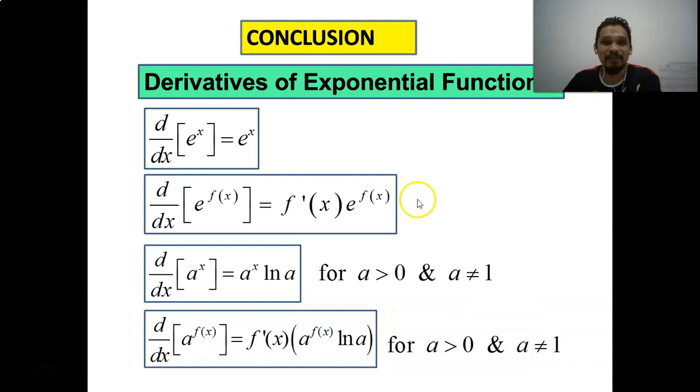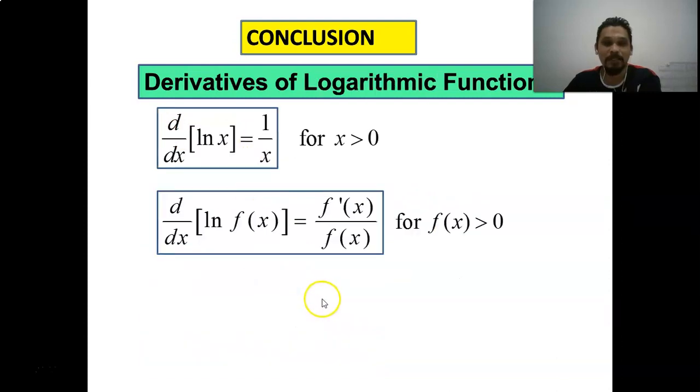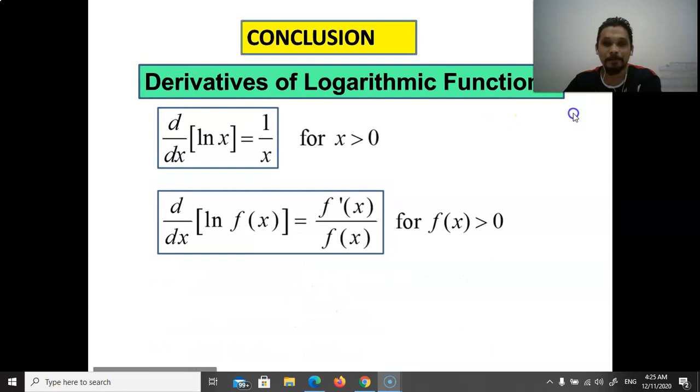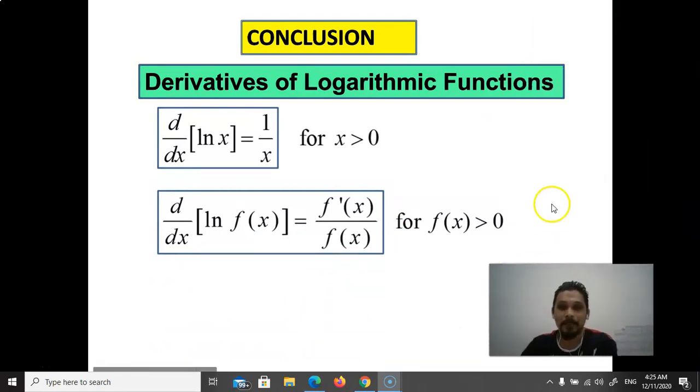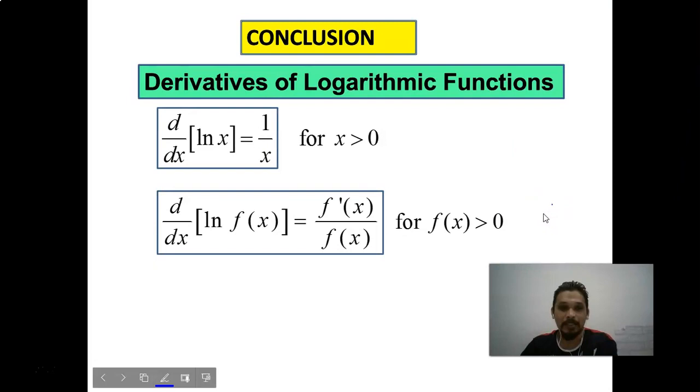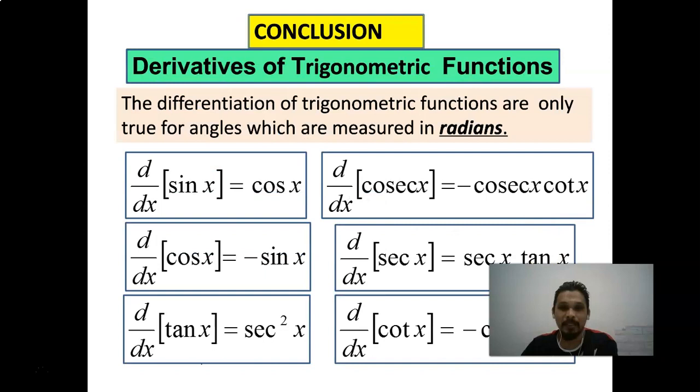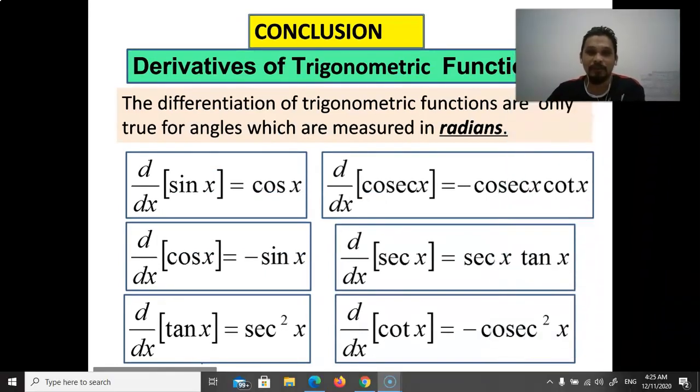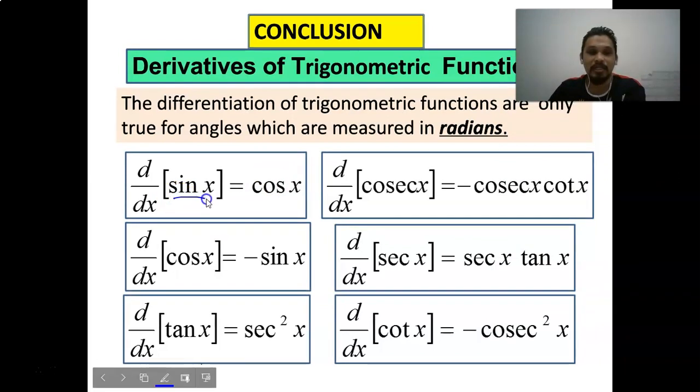Okay, conclusion, derivative of exponential function. Derive e power of x equal to e^x and all here. Derivative of log function and derivative of trigonometric function. For this case, you just remember differentiate sine, then it gives you cos. Differentiate cos equal to negative sine. Differentiate tangent, secant squared.